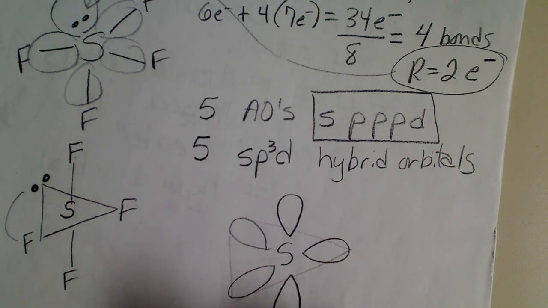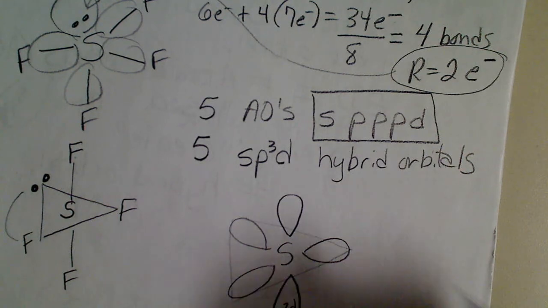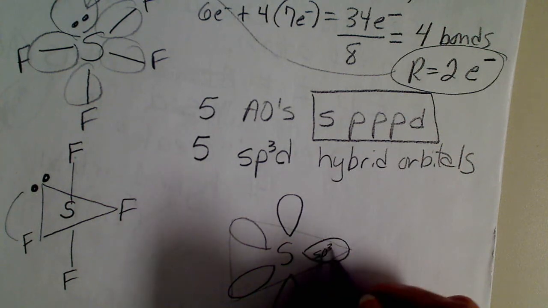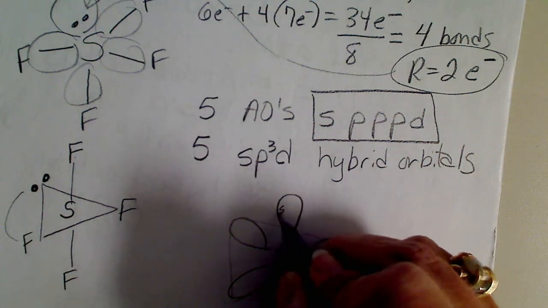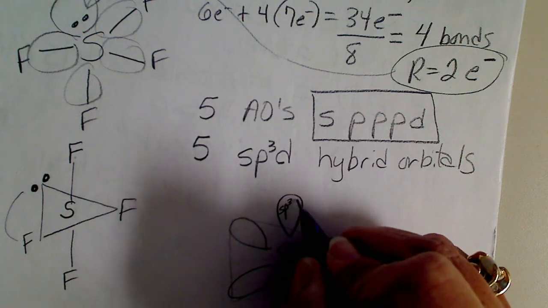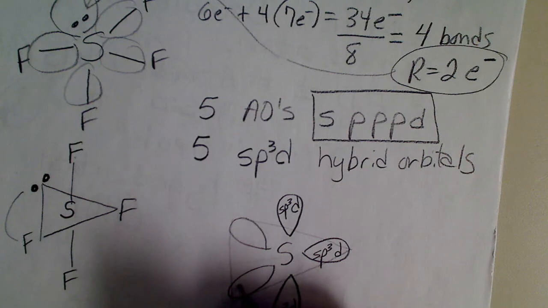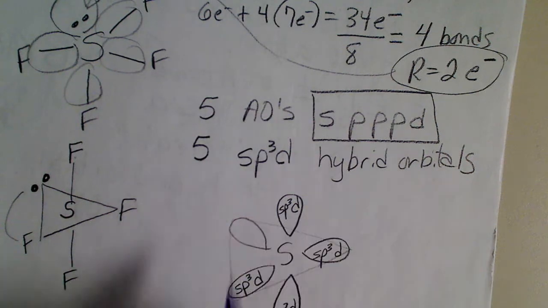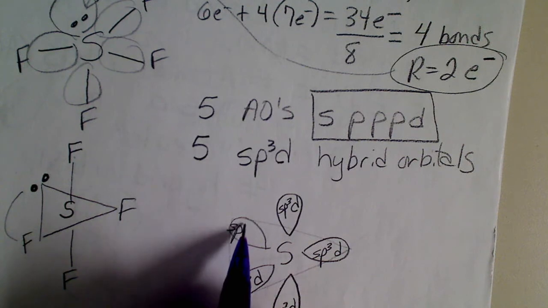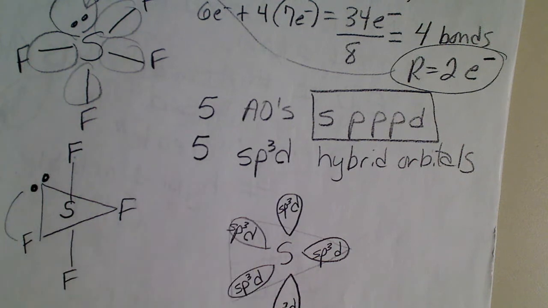These would all be sp3d hybrid orbitals. So we use atomic orbitals and create identical hybrid orbitals. So they all have the same name, same shape.